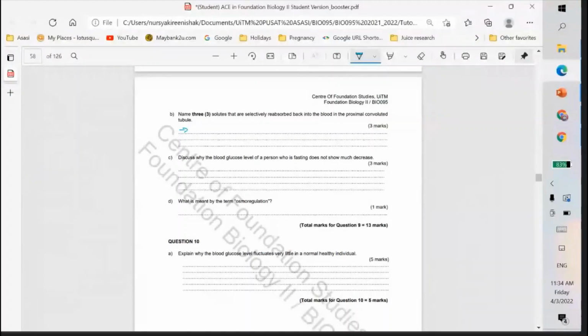Salt, glucose, and amino acid. Okay, salt, glucose, amino acid, vitamins. Okay, salt ataupun cara lain nak cakap dia sodium chloride or sodium ion chloride ion pun boleh jugalah. Okay, so sama je. Okay, so dia nak 3, so you can mention any of the solutes. Okay, any 3 of the solutes. Okay.